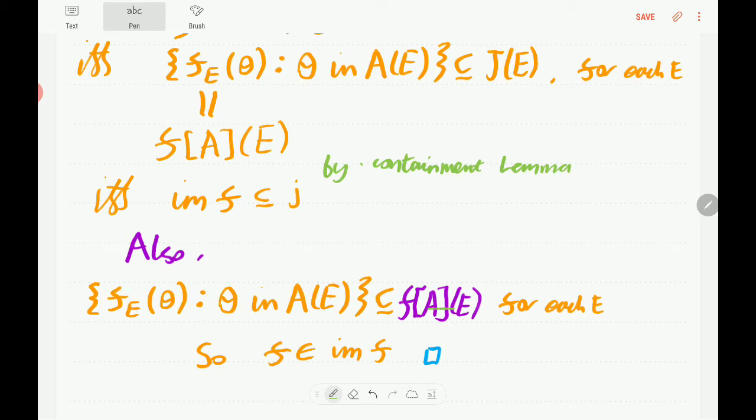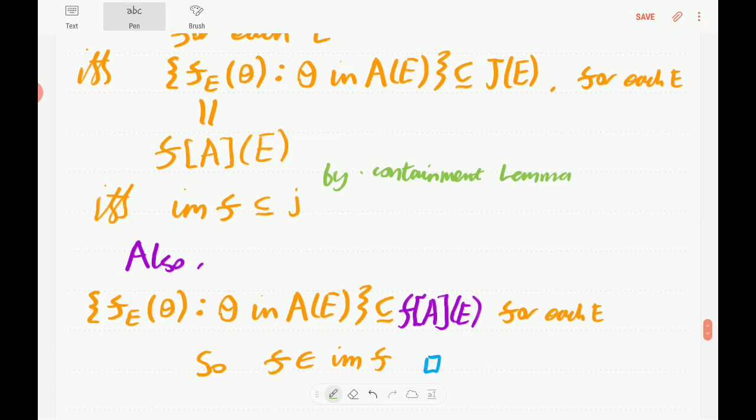So clearly this orange set on the left is contained in F open square bracket A close square bracket of E for each E. And then again, the containment lemma gives us that this means that F is in IMF, which is what we wanted.